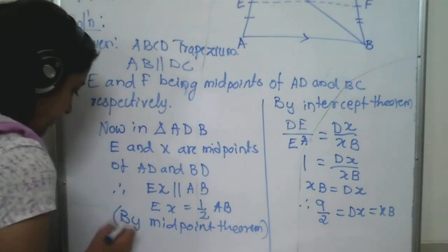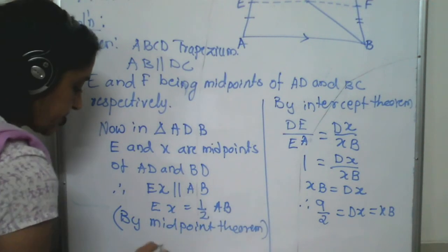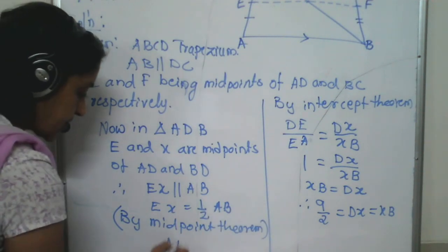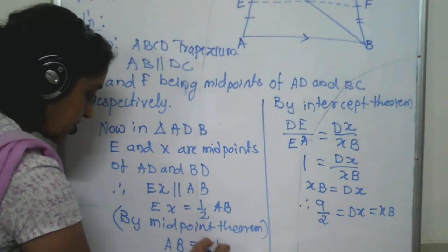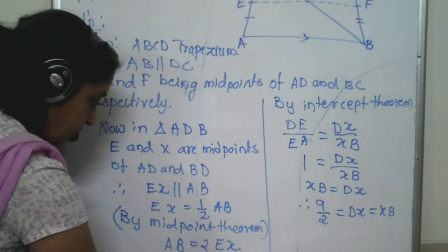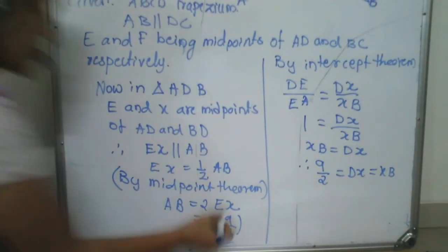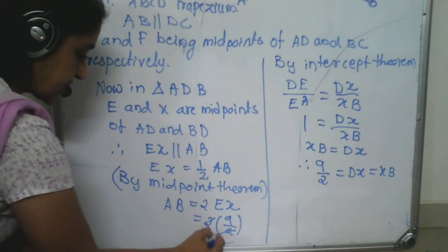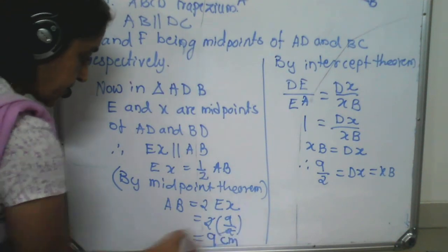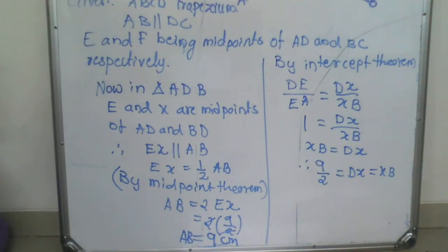The reason can be written just before this or next to this, both are fine. Now AB is equal to 2 times EX. EX is 9 upon 2, as you have written here already. So you can cancel 2 and 2, and what you will get is 9 centimeter. AB is 9 centimeter. This is how you should find AB.